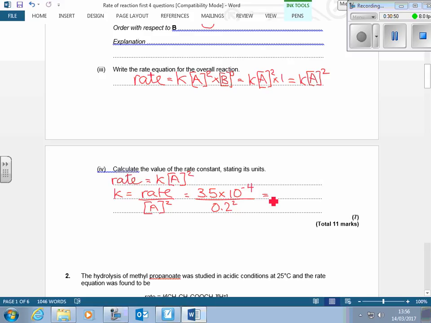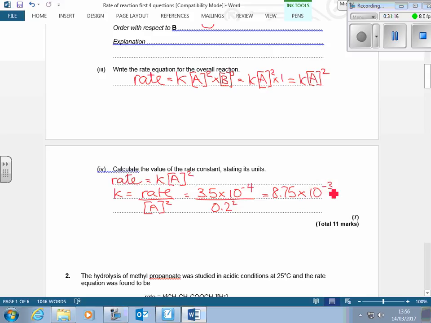It certainly is. 3.5 times 10 to the minus 4 divided by 0.2 squared. You can check your calculator technique, see if it comes out at what they've got in the answer here. Good. 8.75 times 10 to the minus 3. Don't lose the 10 to the power whatever.